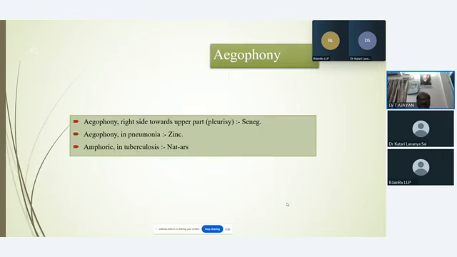Egophony, one of the added sounds, in right side towards upper part, only one medicine, Senega. Egophony in pneumonia, Sanguinaria is a medicine. Amphoric breathing in tuberculosis, Natrum muriaticum is a medicine. That means we collect hundreds of symptoms from the patient, but a little more importance should be given to this characteristic examination finding.